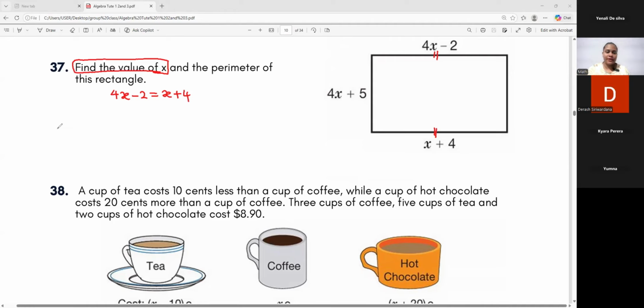Can I know the answer for x? 2, teacher. 8 minus 2 is 6. 6, 12. 8 plus 5, 13. 13, 13, 26. And 12, 38, no? Yes, teacher. Correct.